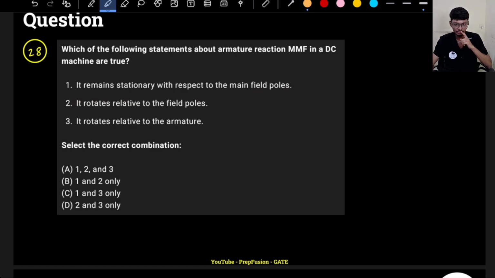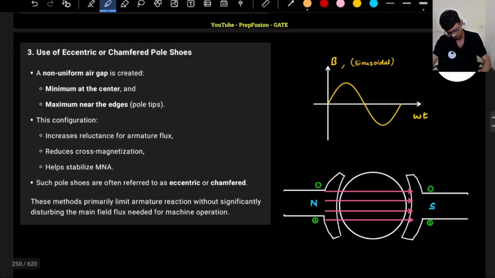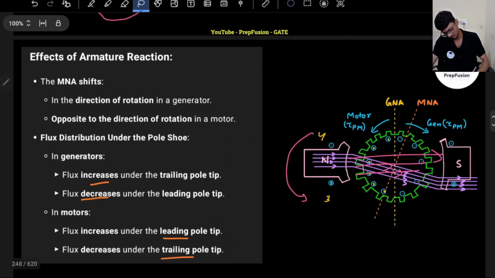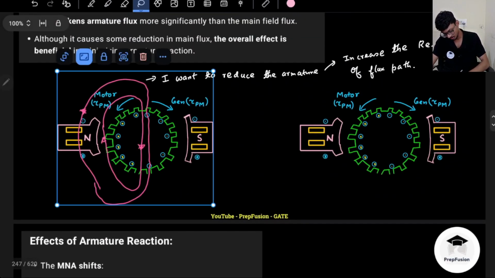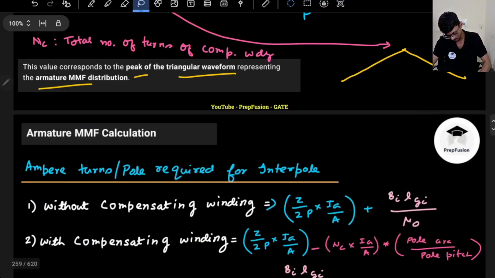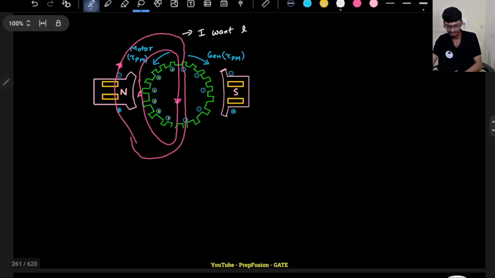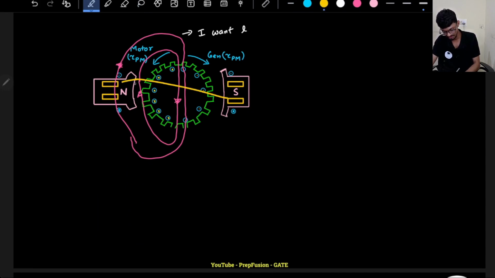So if I have armature reaction, this is the effect of armature reaction. If we see here, one thing I notice is that for the main field flux, the field lines will just change their direction with respect to the main field flux.